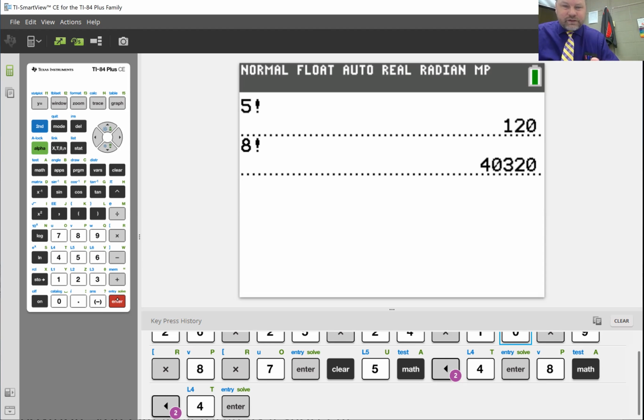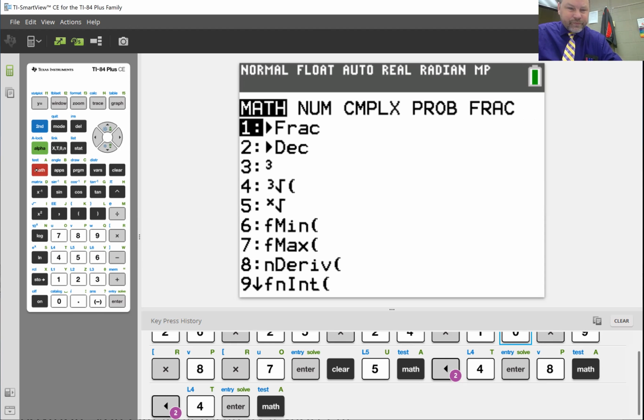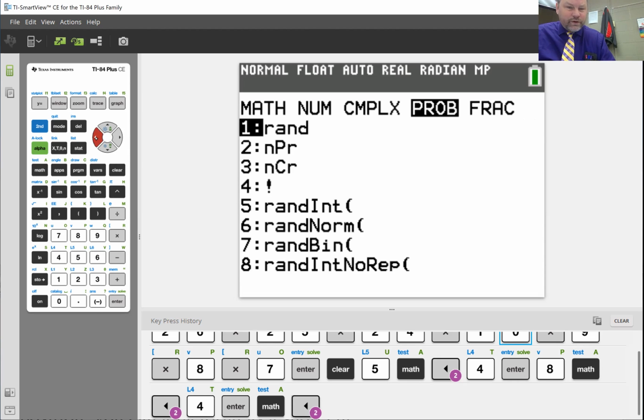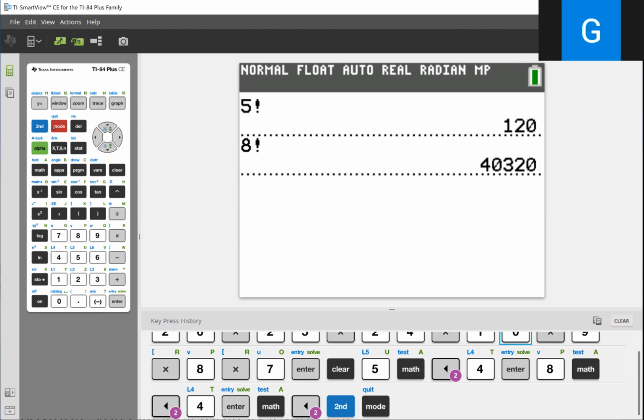Okay. So Grace, let's go back to that menu. I'm wondering if you just pressed 1 or enter instead of 4. Oh, is that possibly what happened? Oh, yeah. Okay. Great that we could get that figured out, a little problem solving session. That's awesome. Okay, so 40,320 for 8 factorial.